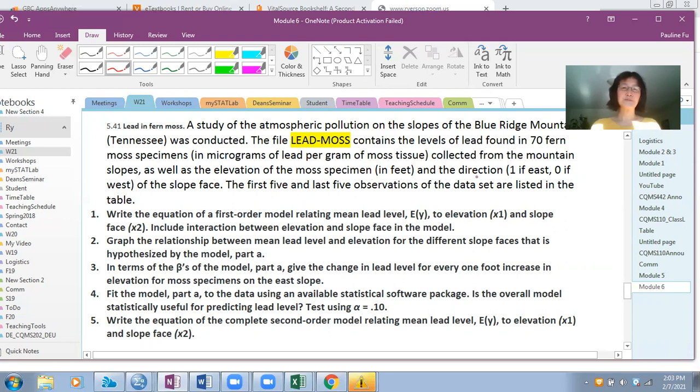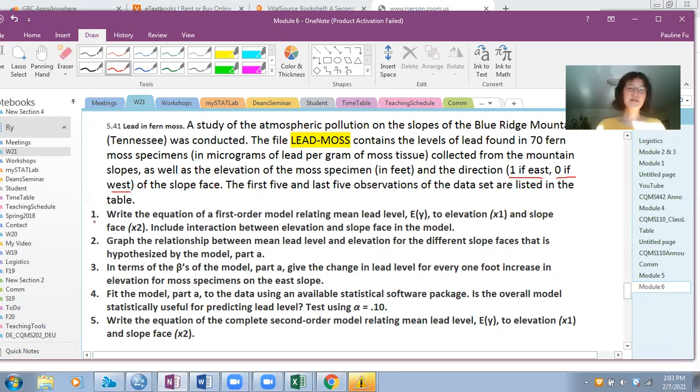And the direction, there are 2 directions. One is east, 0 is west. Obviously, the direction is a qualitative variable. Okay.